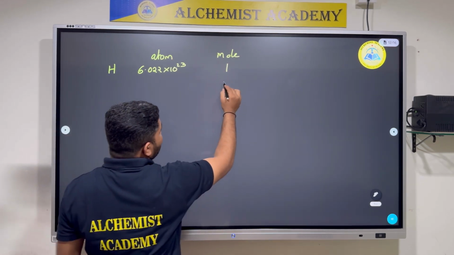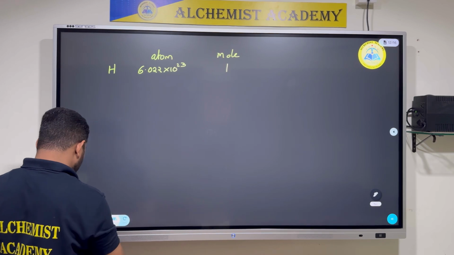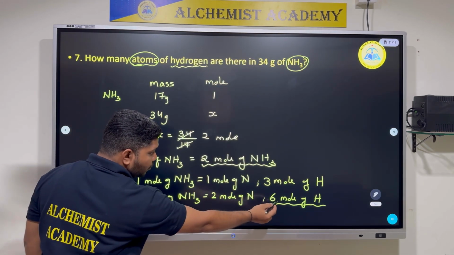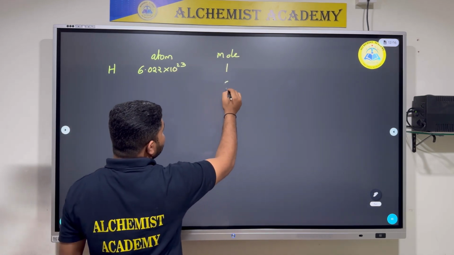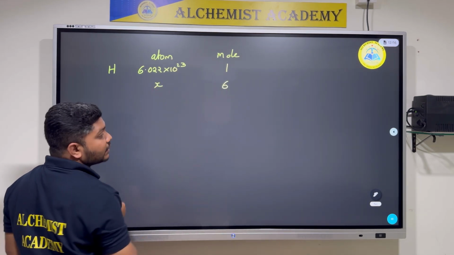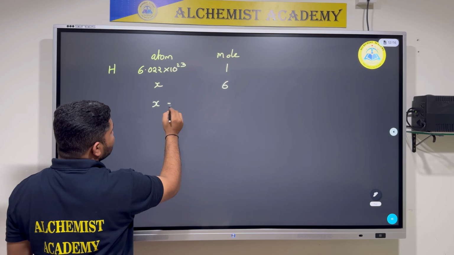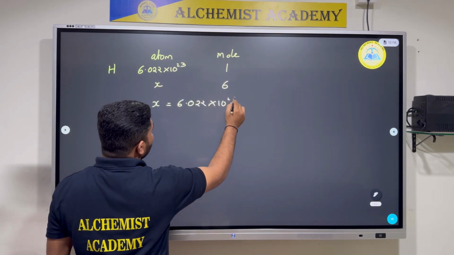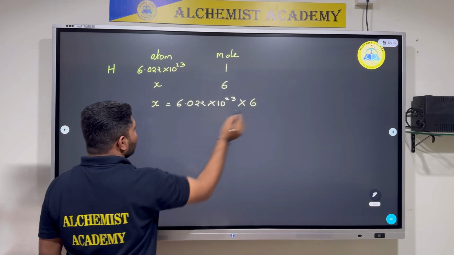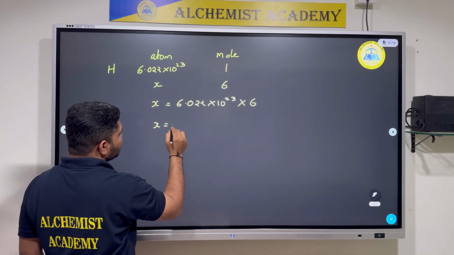How many moles have we got as per the earlier problem? 6 moles we have got, right? So I will write 6 on this side and x on this side. So x is equal to 6.022 into 10 raised to 23 into 6.